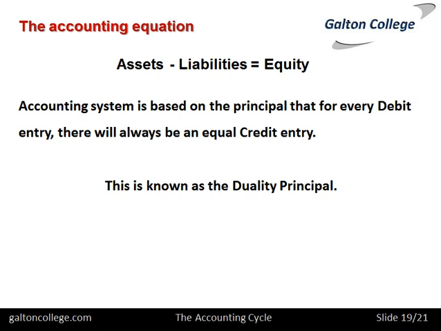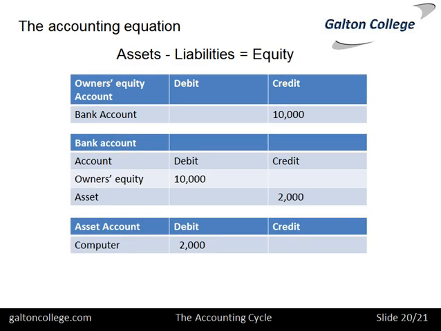Let's have a look at a simple account, see how it works. Here's, let's say, an owner's equity account, debit and credit. Now, the bank account. Let's say the owner puts £10,000 into the bank. Now, the owner's equity account shows £10,000. It receives £10,000.